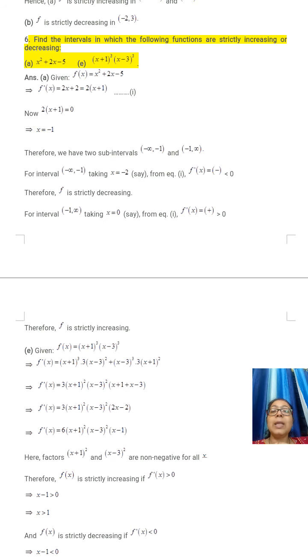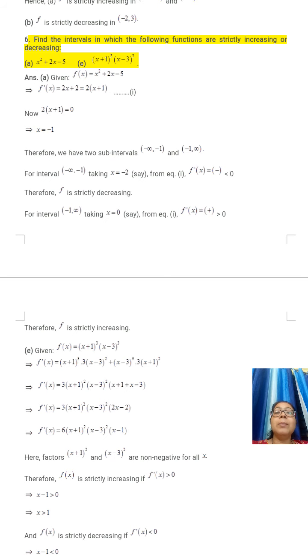For the interval minus infinity to -1, if we consider one point x = -2 and put it in f'(x), it is coming -4 + 2, that means -2, which is less than 0. So in the interval minus infinity to -1, f is strictly decreasing.